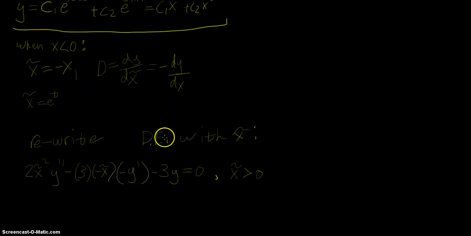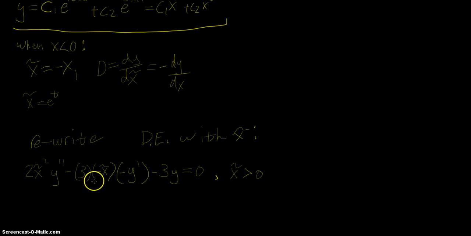So we'll first rewrite the differential equation using x tilde. So 2 times x tilde squared times y double prime. This is positive when we substitute x tilde in, because (-x) squared is positive, and the second derivative of y with respect to x tilde is also positive.